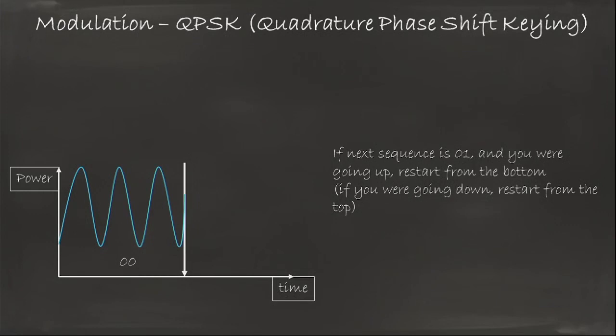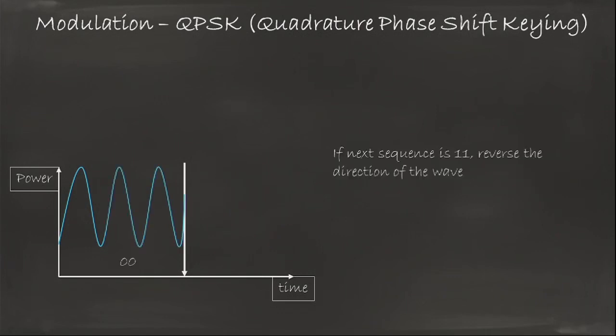So you are going to say, for example, if my next sequence is 0, 1, and I was going up, I'm just going to keep on going up, but instead of continuing where I was, I'm going to restart from the bottom of my wave, just like this. So you see, I was going up already, and I keep on going up, but instead of continuing my wave, I suddenly restart from the bottom of the wave, and that means 0, 1.